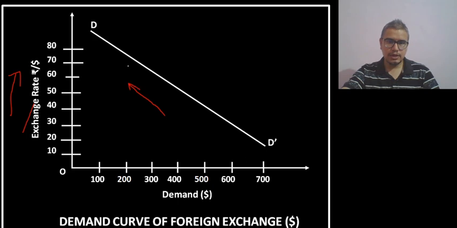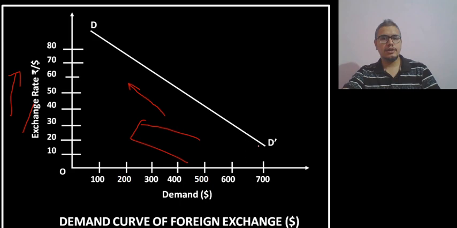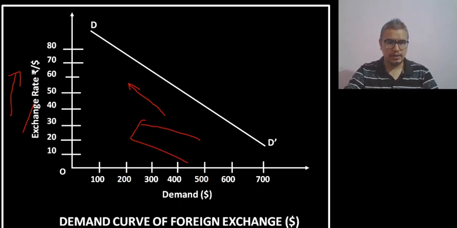That is, we are reducing the demand for the foreign currency. Okay, is it clear?